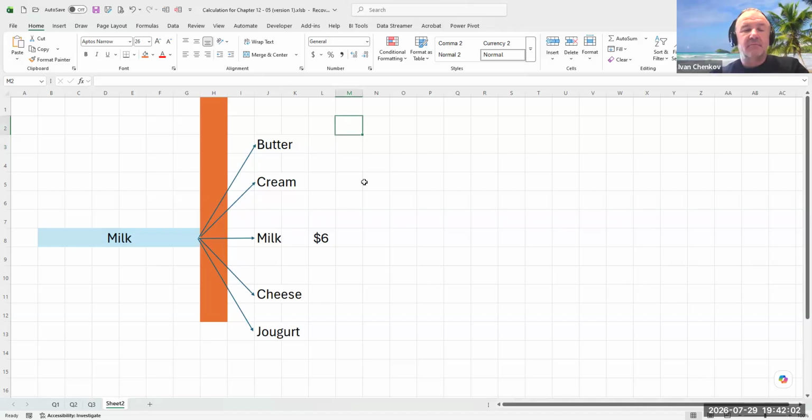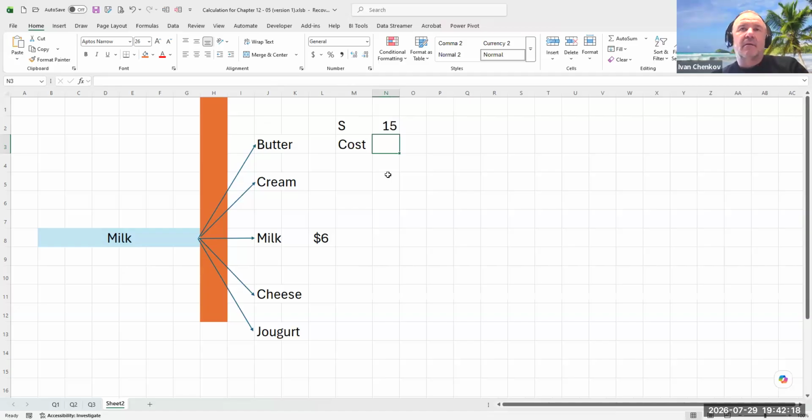If I convert it to butter, I can sell it, my sales price will be, let's say, $15, but my additional cost will be $5. For the cream, the sales price will be $8, but my additional cost is going to be $3.